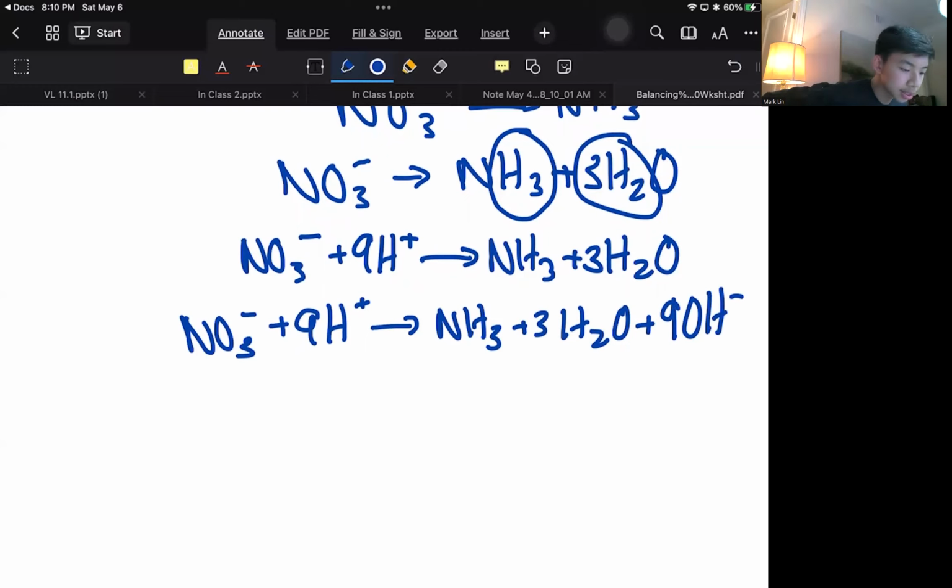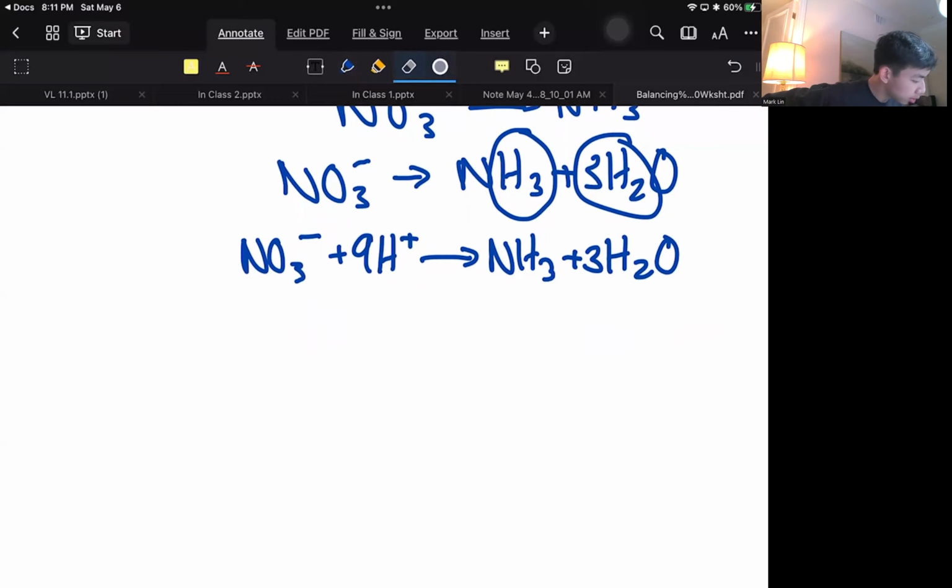Okay, don't forget the minus. Oh wait, sorry, I spoke wrong. When you add the hydroxides, you have to add equal amounts to both sides so it'll be equal, so you don't have to keep on balancing it. Whatever you do to one side, you do to the other side.